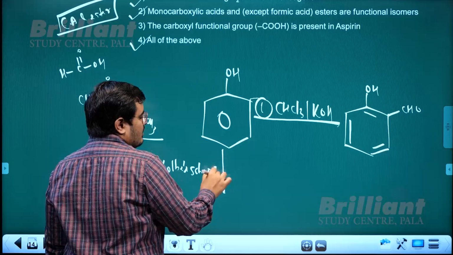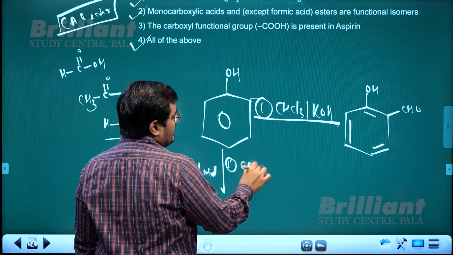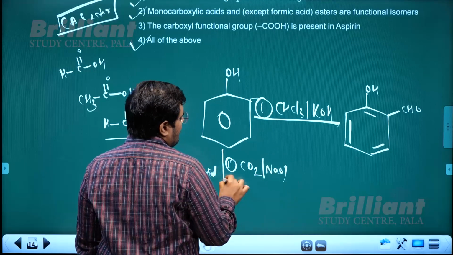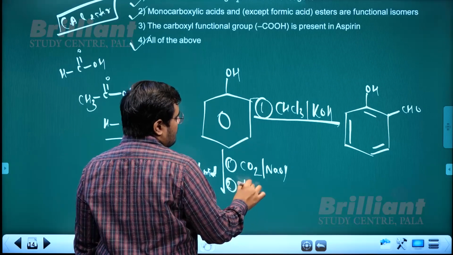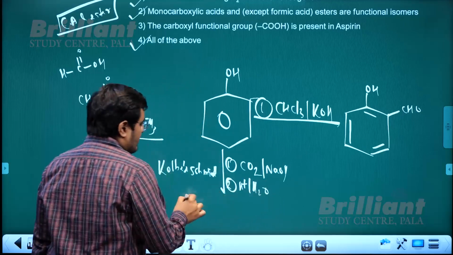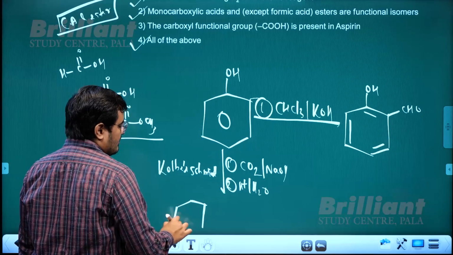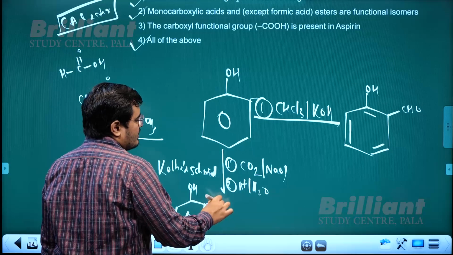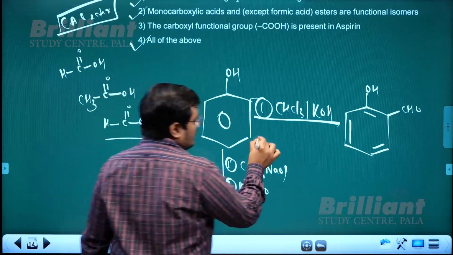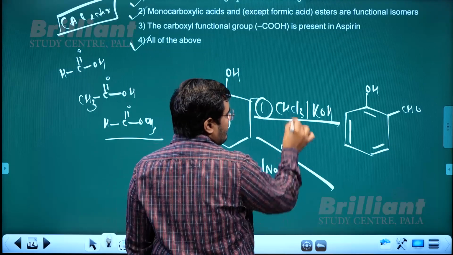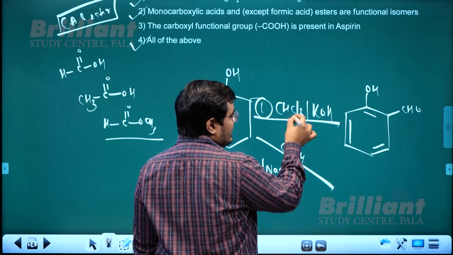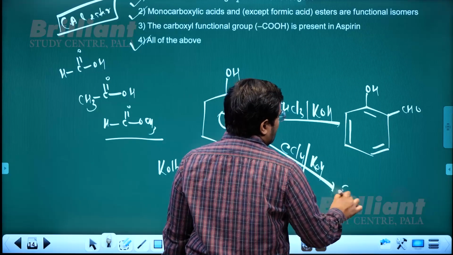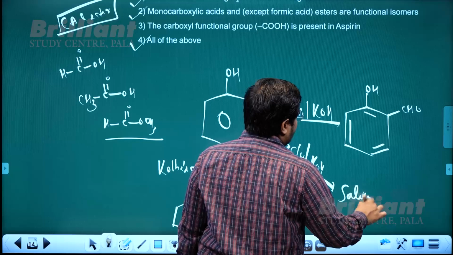The Kolbe-Schmidt reaction involves its treatment with CO2 in the basic medium, and then later you can do protonation, where you get salicylic acid, OH, COOH. Or this can also be achieved, instead of using CHCl3, if you are using CCl4 in the basic medium, this will also give you salicylic acid.